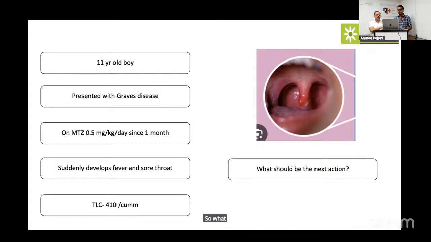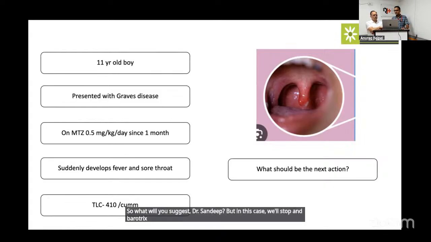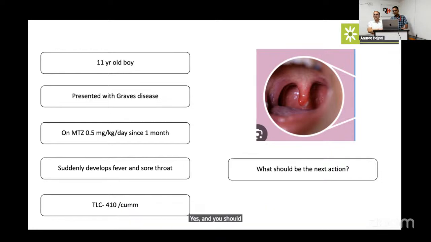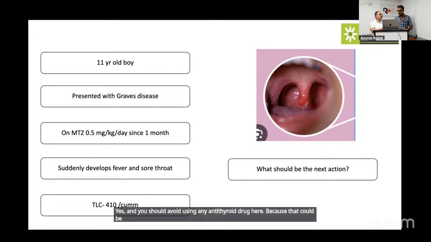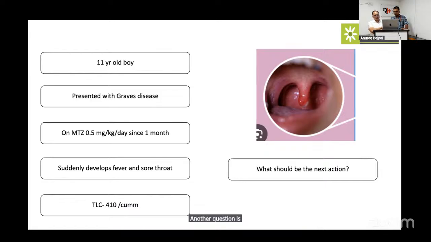So what will you suggest, Dr. Sandeep? So in this case, we'll stop antithyroid drugs. We will treat this patient with antibiotics, and we'll go for granulocyte colony stimulating factor. Yes, and you should avoid using any antithyroid drug here because that could be a big issue. Another question is, can we continue antithyroid and not go for surgery?